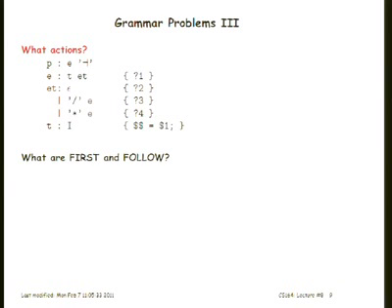Think about an expression and how this grammar is going to match it. In particular, consider the expression A divided by B divided by C. How is this grammar going to match that expression?